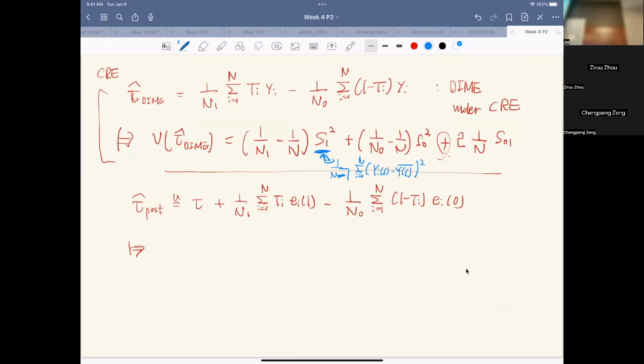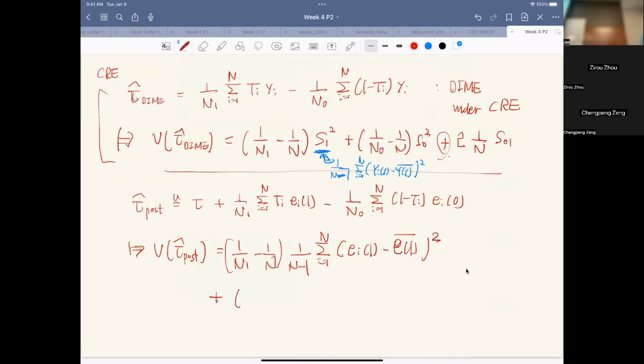So then the variance should be, the first part should be the same, but then this term is something like the sum of (ei(1) minus e1 bar) squared, plus the term for the control group, plus 2 times 1 over n.